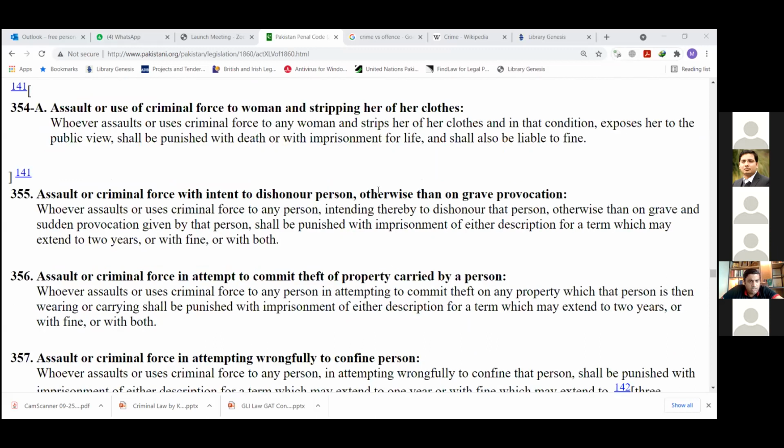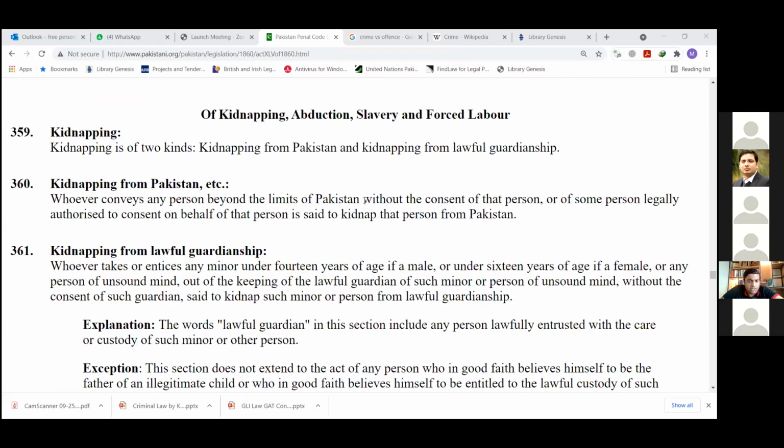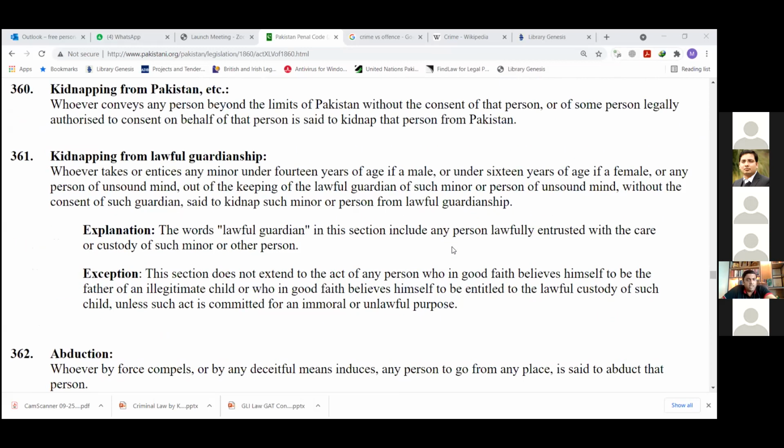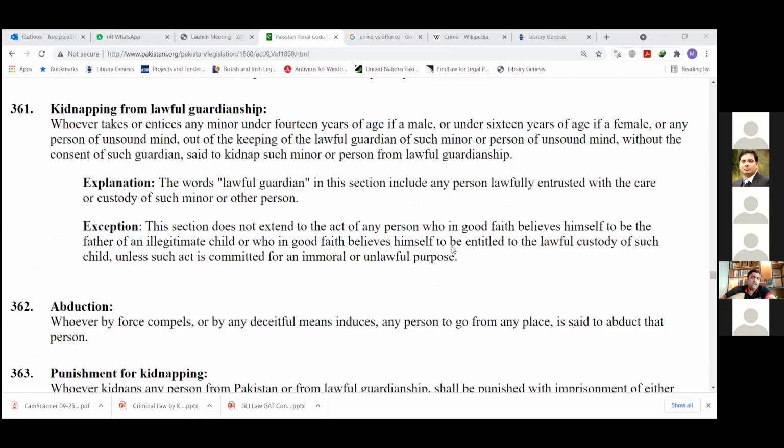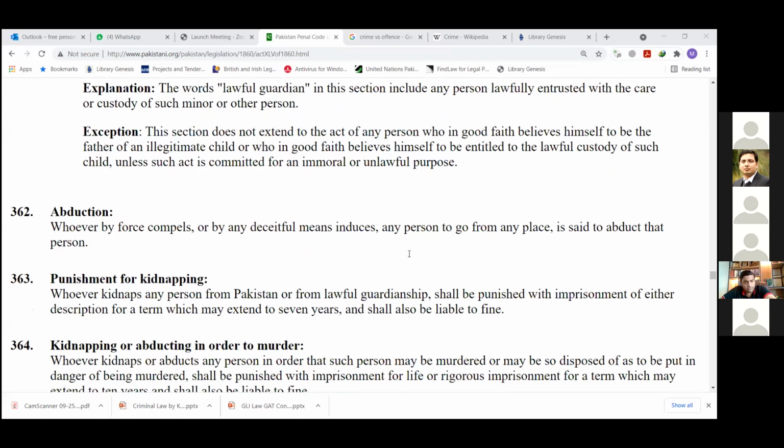Now, quickly coming to abduction, kidnapping, and slavery. Kidnapping is of 2 kinds: kidnapping from Pakistan and kidnapping from lawful guardianship. Removing a person from the limits of Pakistan without consent is kidnapping, and kidnapping from guardianship is kidnapping of a person under 14 years of age, if male, and under 16 years of age, if female.